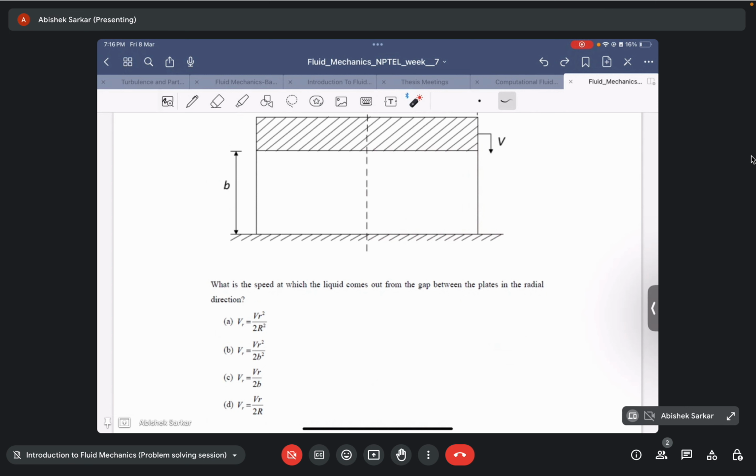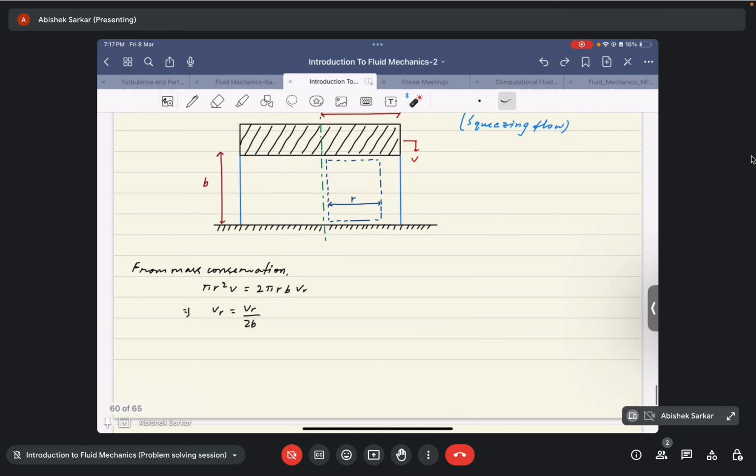So let us go back to my solution that I obtained. From mass conservation we have pi r square into v. Why pi r square into v? Because the plate is moving in this direction with velocity v, and the area of the plate is pi r square, and the net fluid that this motion displaces will be given by pi r square into v, right?